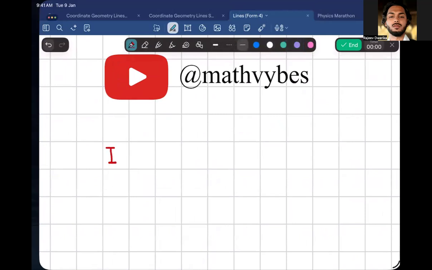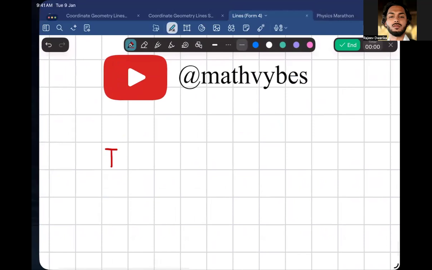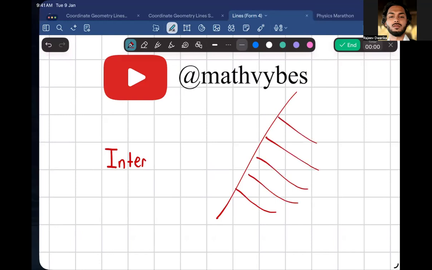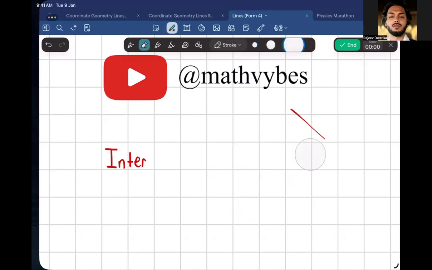After lines, I want to do linear programming. Do you all know what linear programming is? Have any of you heard about it? Nope. Okay, that's where you introduce inequalities into straight lines. Like, you shade part of the graph and look for the overlapping region.